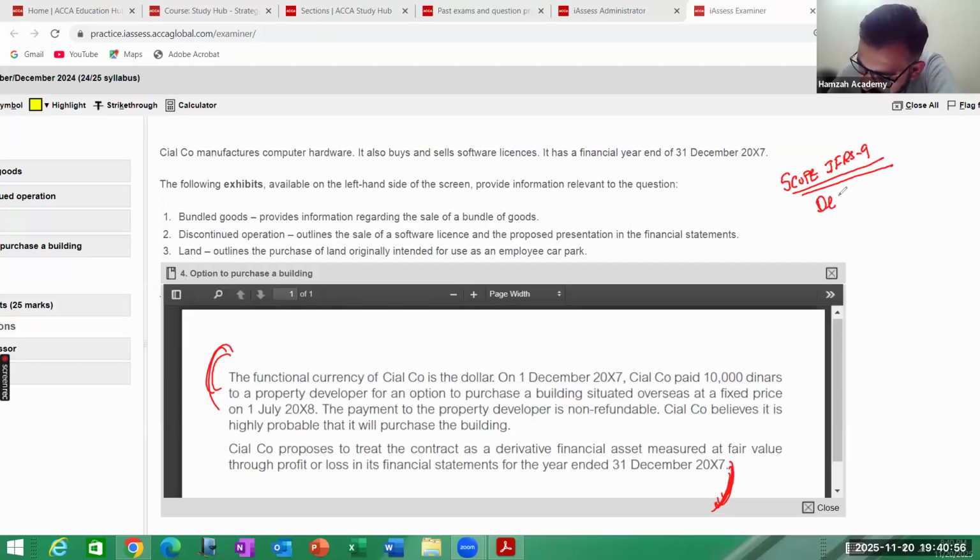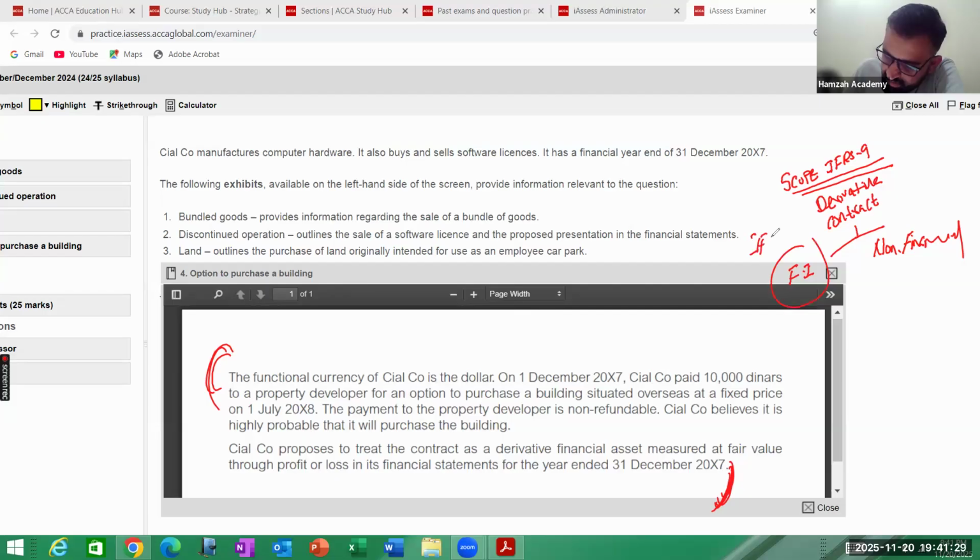You know that we have an instrument which is known as a derivative contract, and a derivative contract can be on a financial instrument, or it could be on a non-financial instrument. Financial instrument means currency forward, interest rate forward are the derivative contracts which are financial instruments, and they come under the scope of IFRS 9.